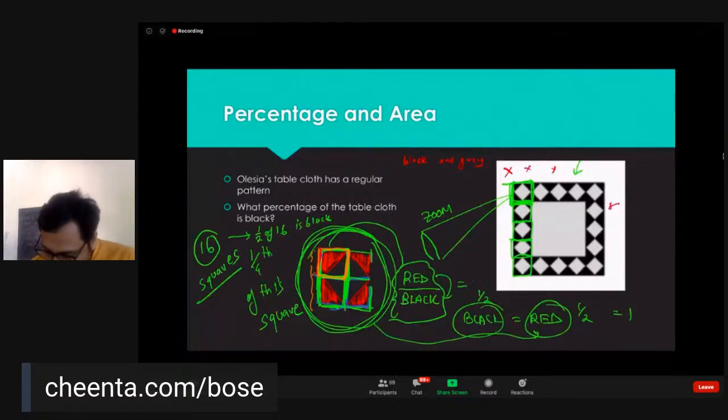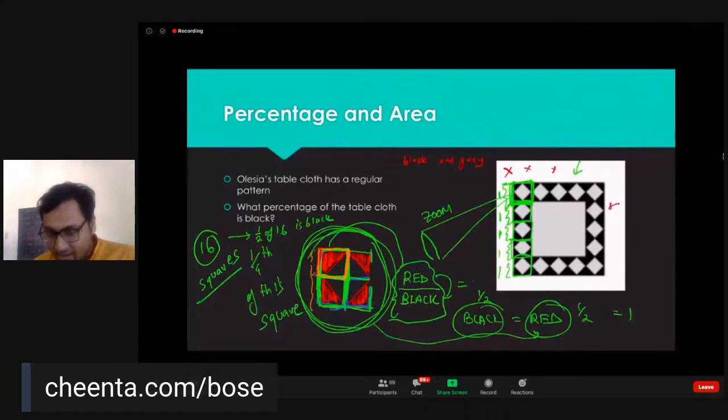Okay, now let's see. We are almost at the last step. So the entire square, let's count the entire square. What is the area of the largest square, the very big square, or the tablecloth? Think about it. Excellent.